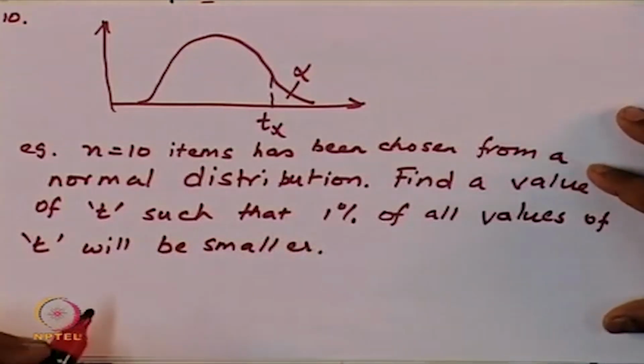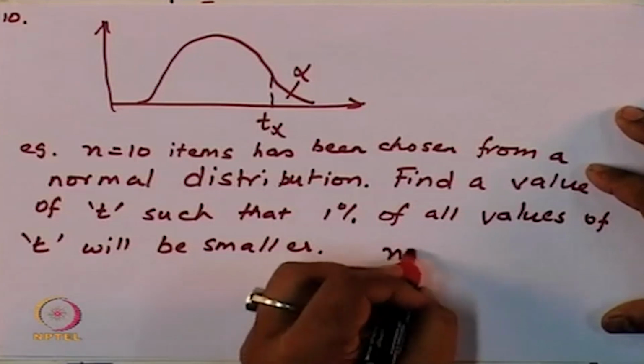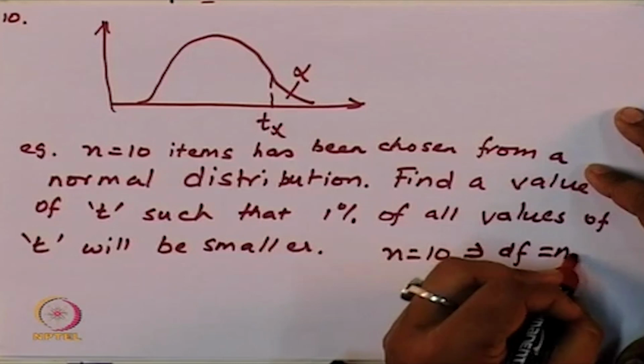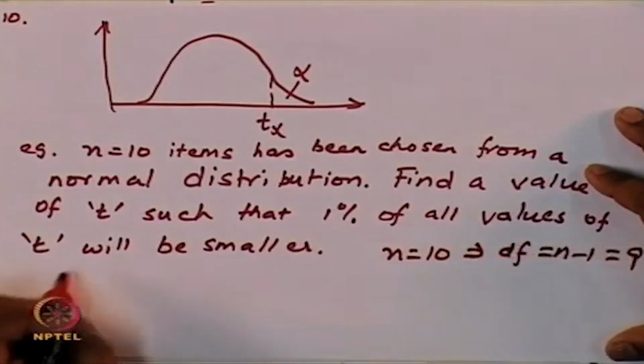As per this question, we are given n equal to 10, implying the degrees of freedom is n minus 1, equal to 9.